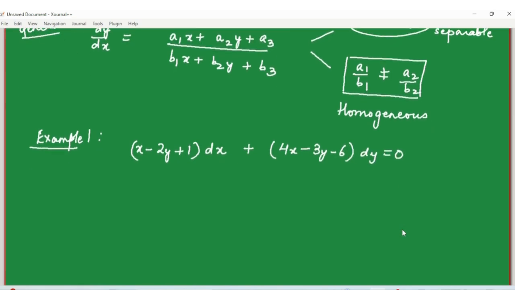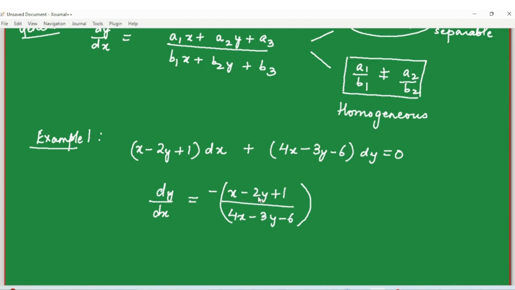Or we can say dy by dx is the same as x minus 2y plus 1 upon 4x minus 3y minus 6 with a negative sign. So let's compare it with the general format. It's a linear in x and y above and a linear in x and y below, but the ratio of x above and below is 1 by 4 and the ratio of y above and below is minus 2 by 3. So they are not the same.